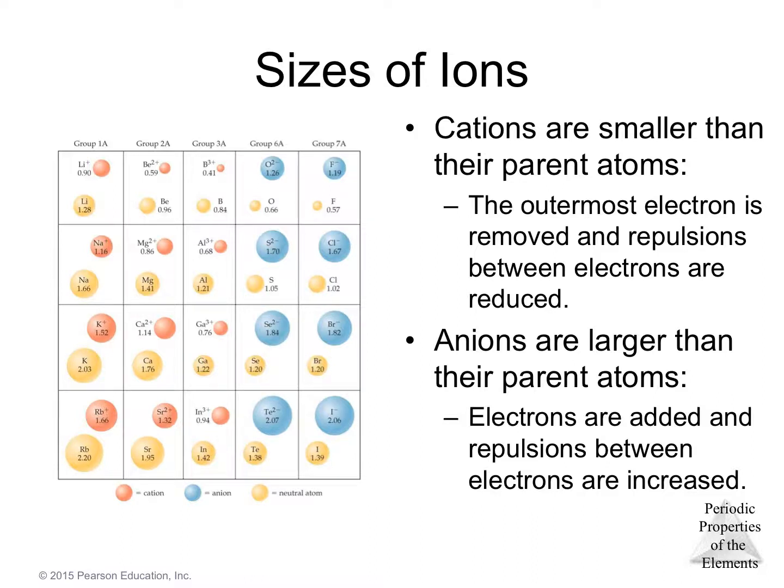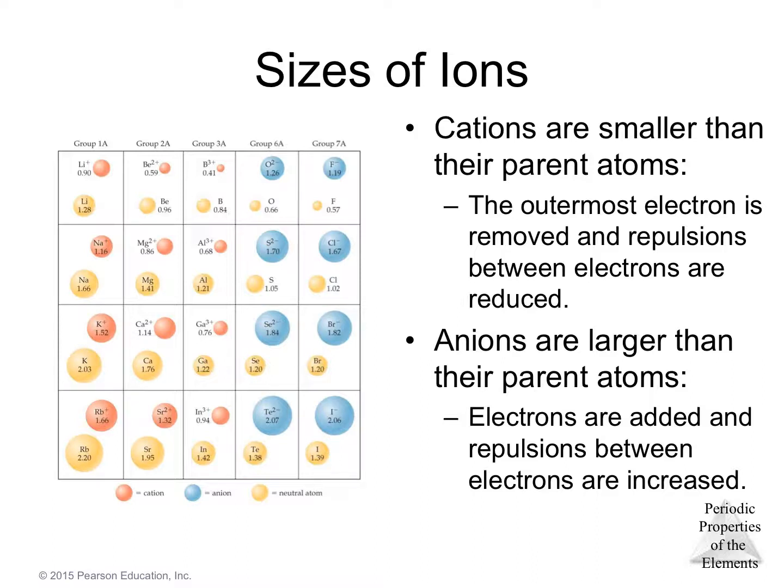Let's look at the cations first. All of these cations have lost electrons. So the outermost electron is removed. That means the whole atom is going to drop in energy level. So here's your neutral atom, your cation is much smaller. Here's your neutral atom, your cation is smaller. The opposite happens when something becomes an anion.